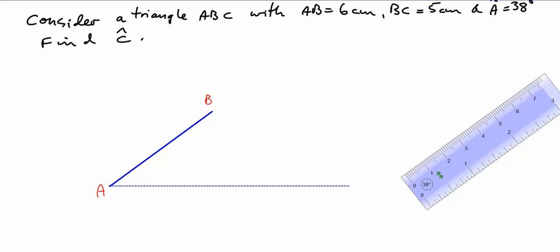Now I want to draw a line BC so that the length from B to the horizontal line is 5 centimeters. And the way I can do that is if I draw a circle of radius 5 centimeters and center B, I can find where the circle intersects the dotted line.